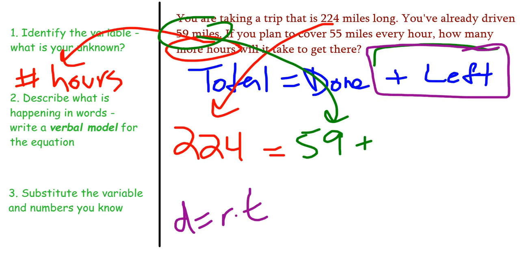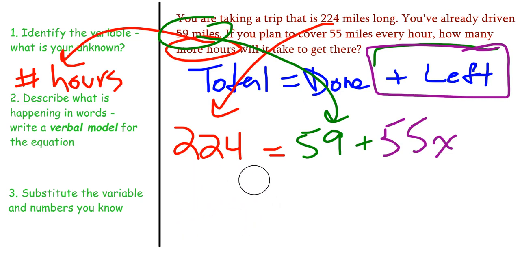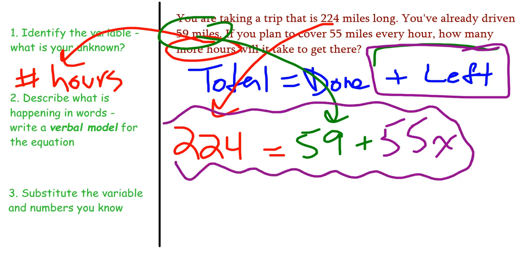So here our distance is sort of unknown, but we're traveling at 55 miles an hour for some unknown number of hours. So if we multiply our 55 miles an hour by the length of time that we're traveling, we should end up with the number of miles that we're going. So the equation that we're looking for here is 224 equals 59 plus 55x.